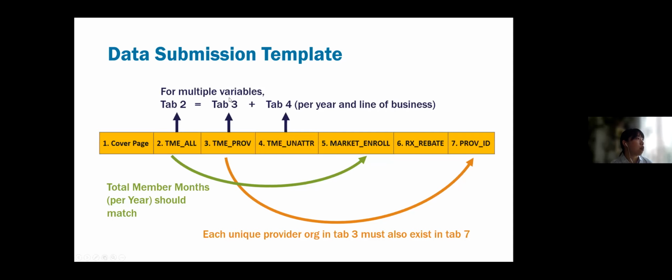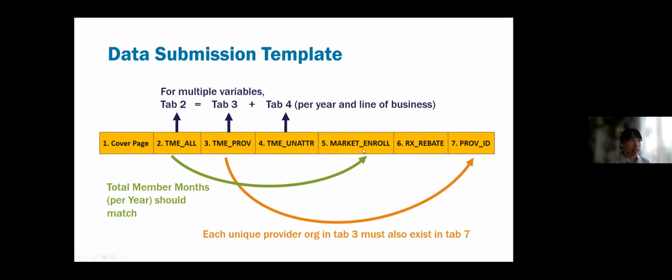We've seen that for multiple variables, for claims and non-claims variables, tab 2 will equal tab 3 and tab 4. But I'll note, just to make sure that you're aggregating or folding up at the correct level, this is per year and line of business, because those are all present in these tabs. So per year and line of business, these should correspond to each other.